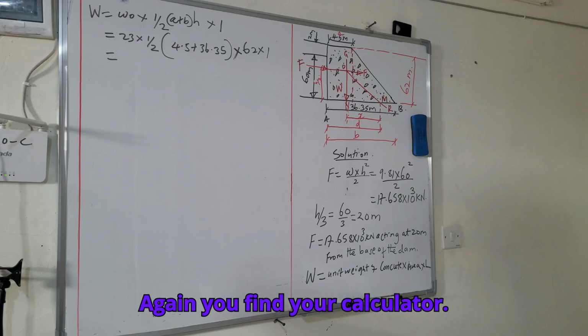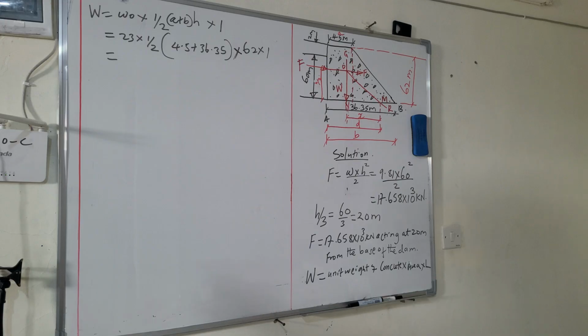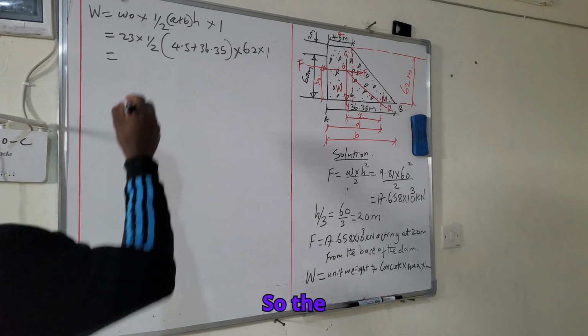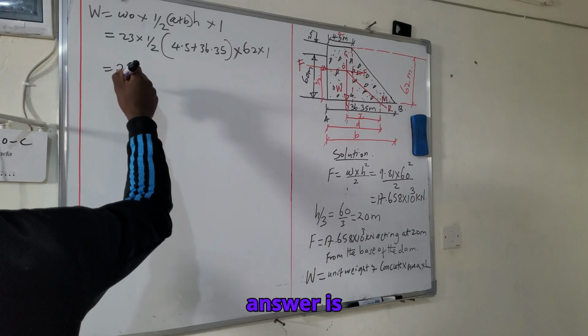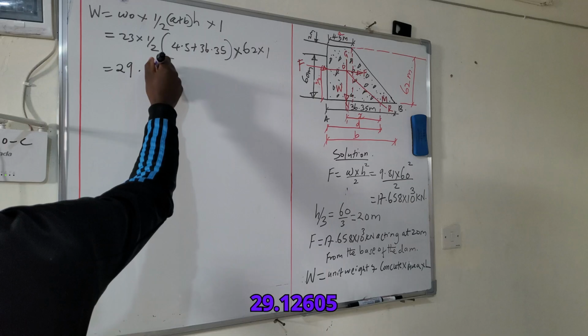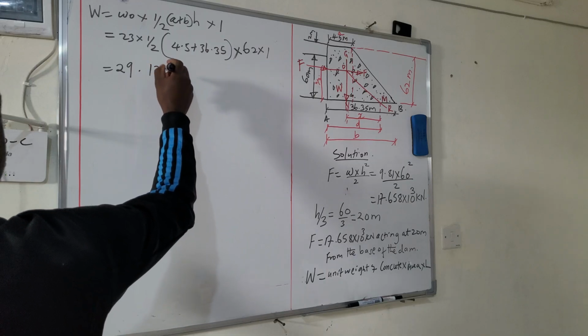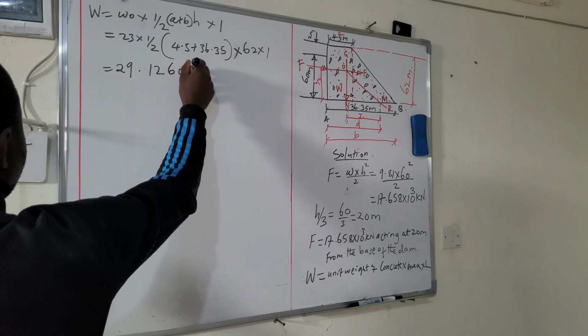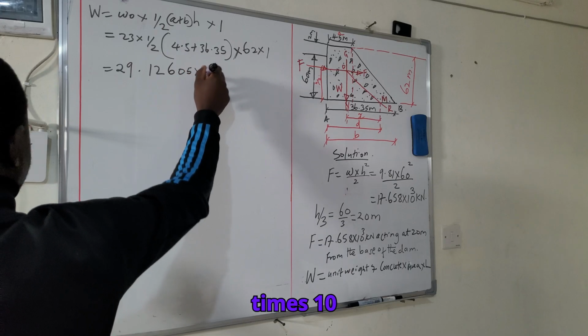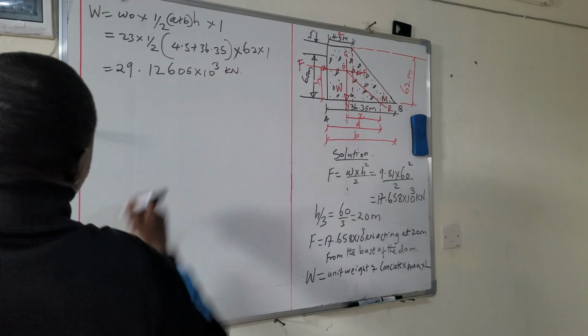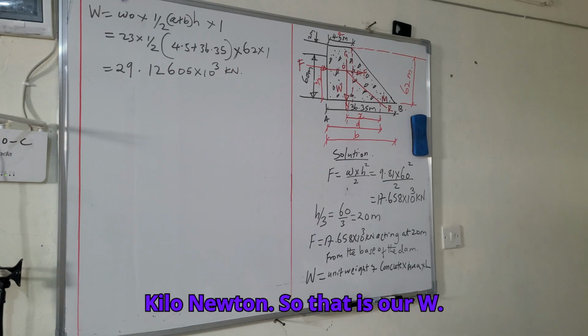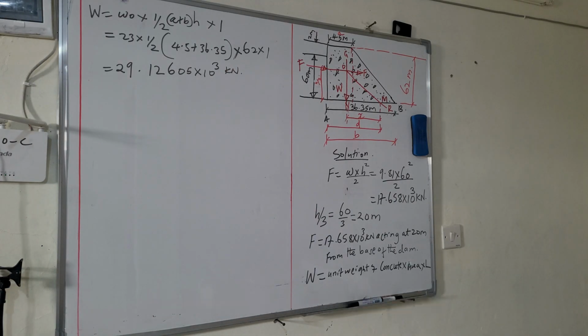Again, you punch your calculator. The answer is 29.12605 times 10 raised to power 3 kilonewton. So that is our W.